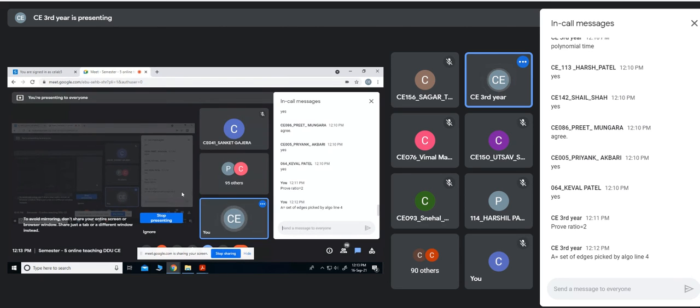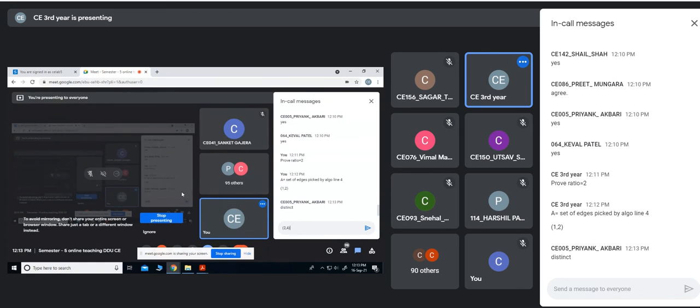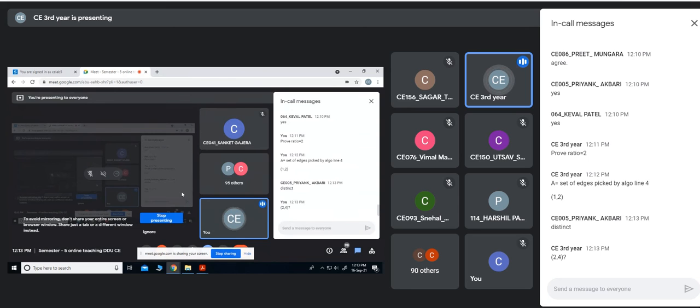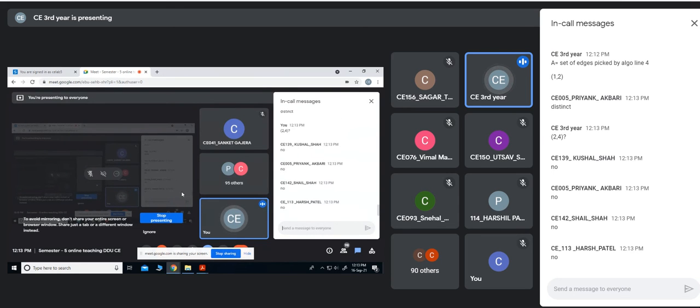Let's say the first time I chose 1 comma 2. Second time, is it possible to choose 2 comma 4? No. Why no?